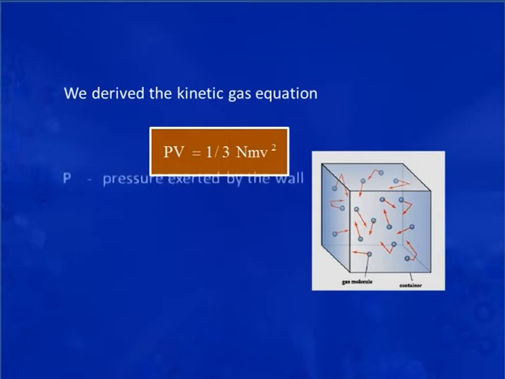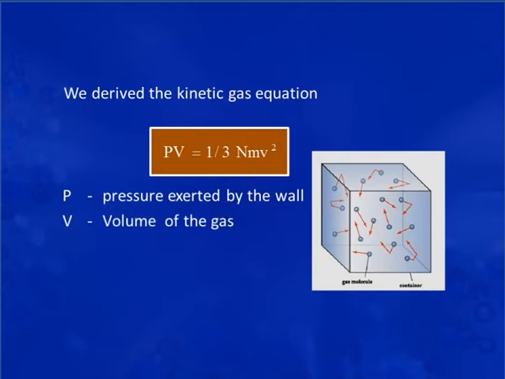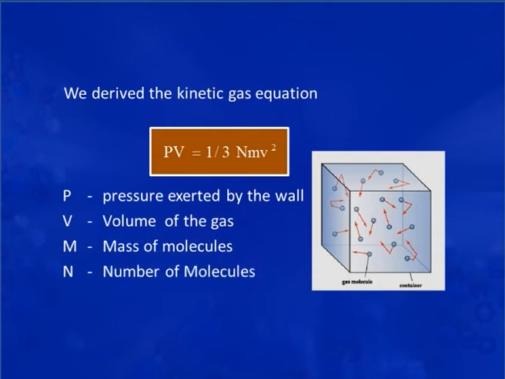Here P stands for pressure exerted by the wall, V stands for the volume of the gas, m was the mass of the molecule, n the number of molecules of gas, and v² was the mean square velocity. And after that we did the difference between the ideal gas and real gas, because the kinetic gas equation is followed by only ideal gas, not by real gas.